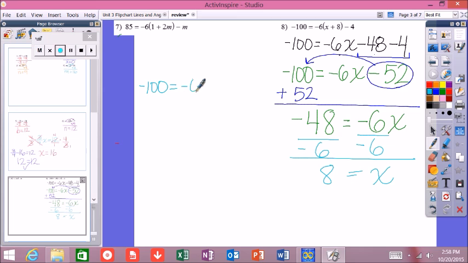Negative 100 equals negative 6 times our x plus 8 minus 4. We're going to type that right side into the calculator. And we get negative 100 equals negative 100.